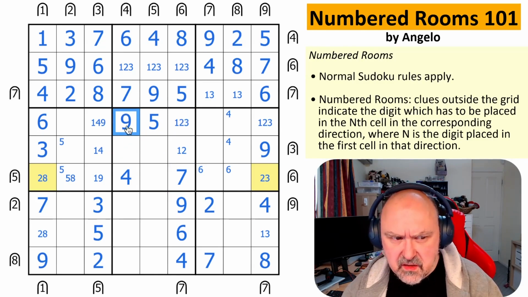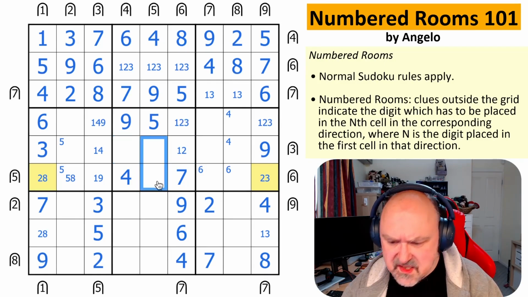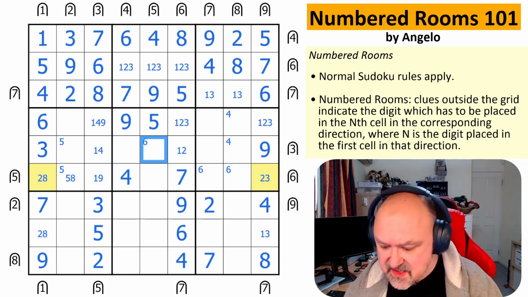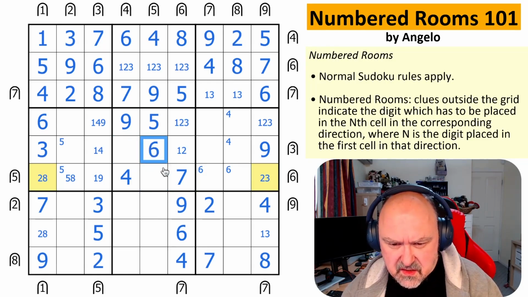That is a 9 because of these 9s here. I need to put an 8 in here, but that's okay. I need to put a 6 in here. 6 is in one of those two, but those two 6s means that's not the 6. This is the 6. So these are 1, 2, 3, and 8.